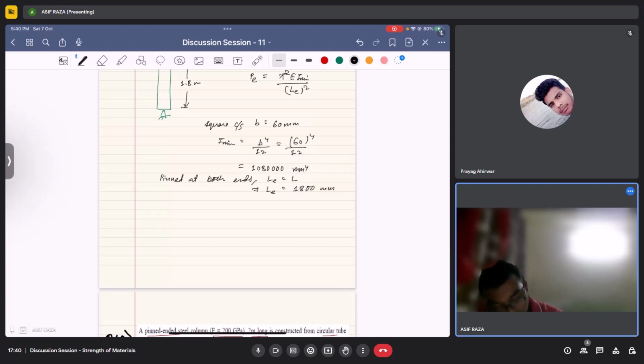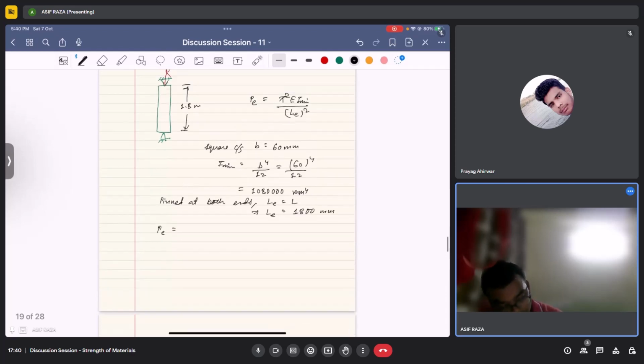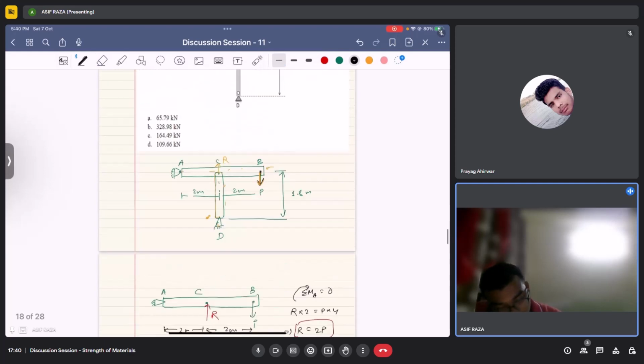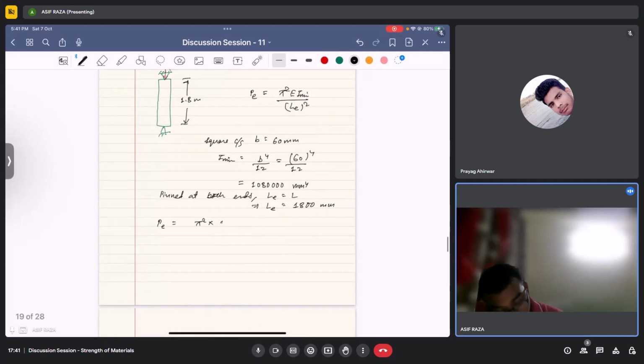Let us substitute and find PE. Pi square E, where E is 100 GPa, so 100 into 10 power 3. I minimum is 108 into 10 power 4, divided by 1800 whole square.